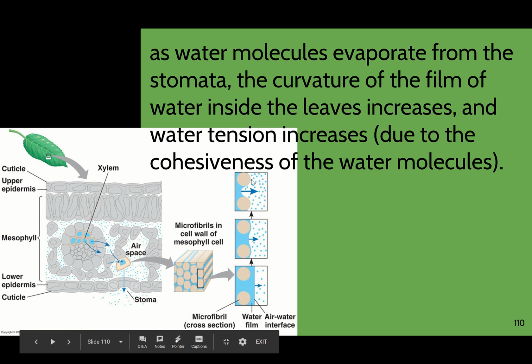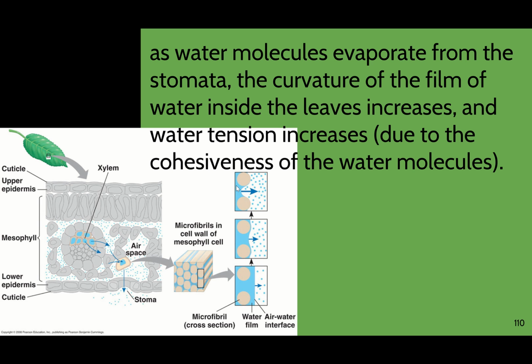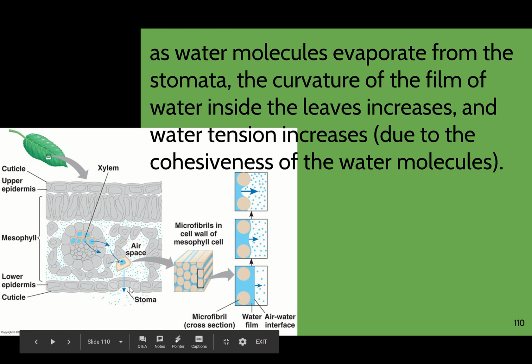And so as the curvature of the water around those mesophyll cells increases and becomes more aggressive, it's going to cause more water to transpire out of those stomata and out of those leaf air spaces. Okay?